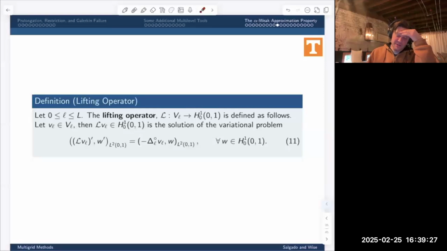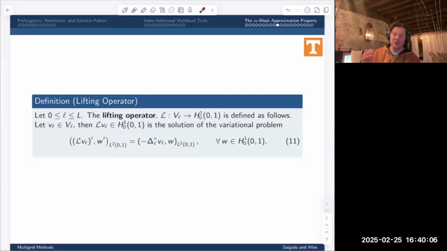What a lifting operator does is it takes something from my finite dimensional space and it's going to move it into my continuous space or my smooth space, quote unquote. So let l be between 0 and capital L. Then this lifting operator is going to lift us out of this space and into that space. And it's defined as follows. If you give me a function in the finite dimensional space, piecewise constant, then it's lifting V_l in this space.